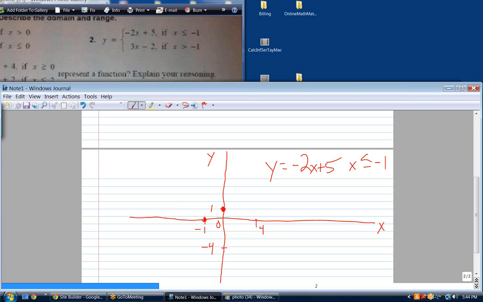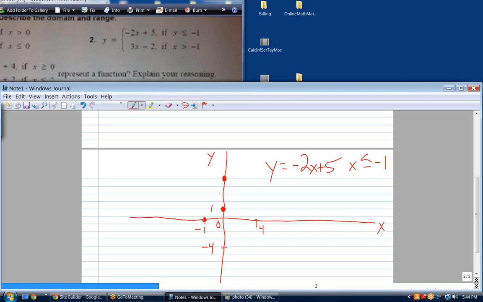Now, where am I going to start? The y-intercept, 5. Correct. The y-intercept is 5. So the y-intercept being 5, 1, 2, 3, 4, 5 would be up here.